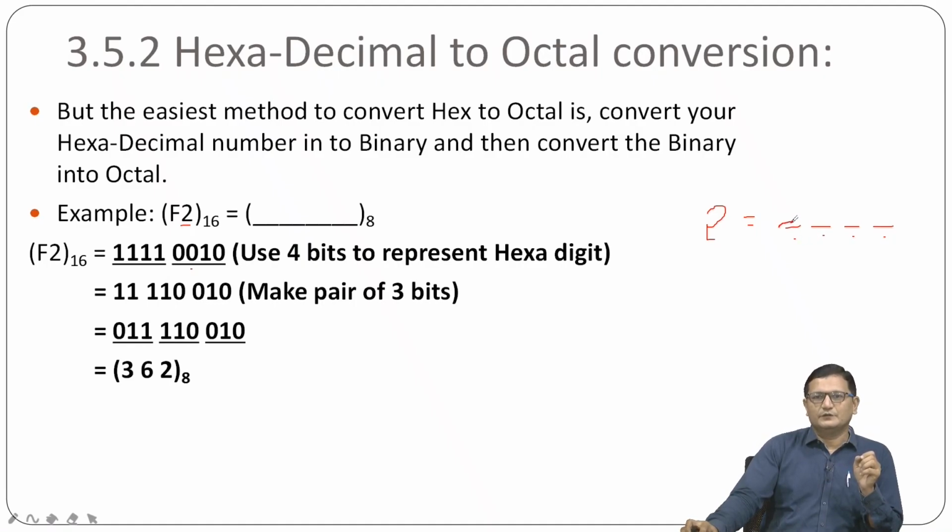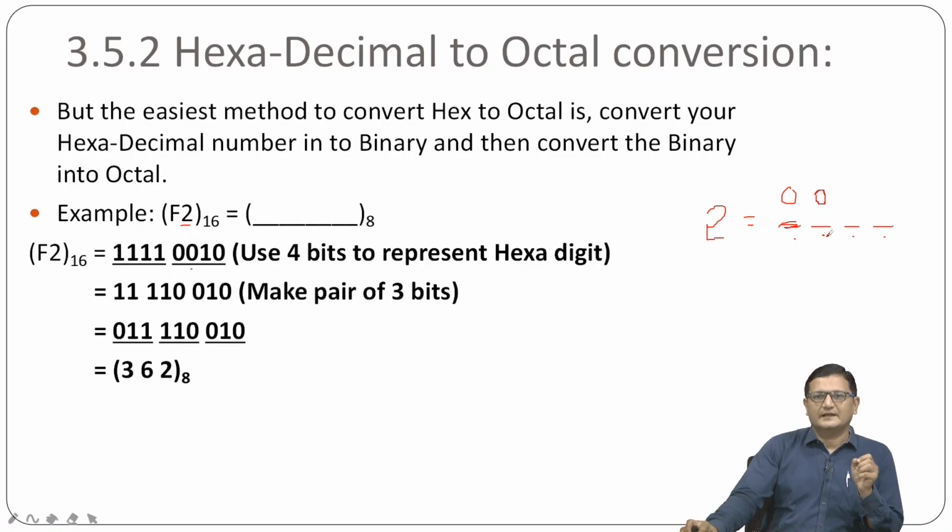So do you need 8? Obviously not, because 8 is greater than 2. So here we will put 0. Now this bit represents 4. Do you need 4? Obviously not, because 4 is already greater than 2. So here we will put 0.